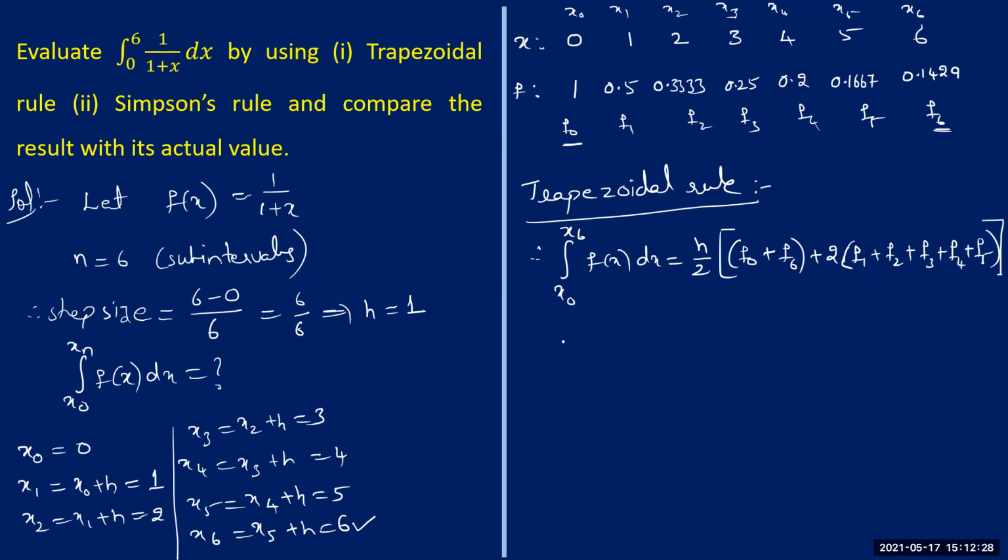Now let us substitute everything into this. h is 1, so it is 1 by 2 times the first and last, 1 plus 0.1429, plus 2 times the remaining values, 0.5 plus 0.3333 plus 0.25 plus 0.2 plus 0.1667.